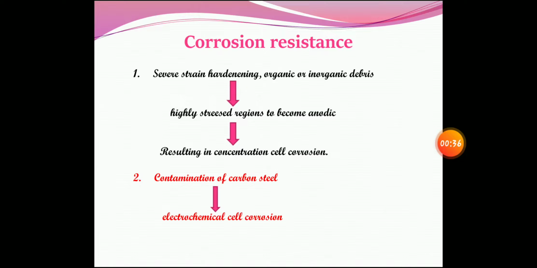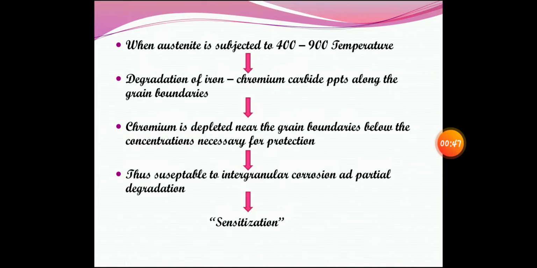So previously we have discussed that there is some kind of concentration cell corrosion, electrochemical and galvanic corrosion happening in the stainless steel. And other than that, when the austenitic stainless steel is subjected to 400 to 900 degrees temperature, there will be precipitation of iron chromium carbide particles along the grain boundaries.